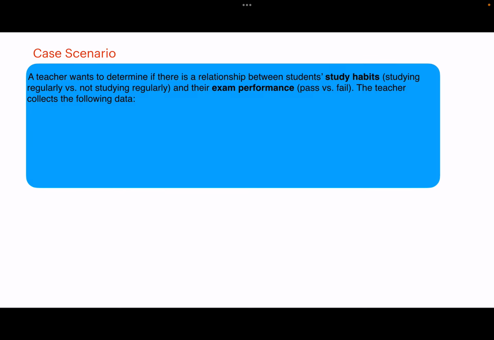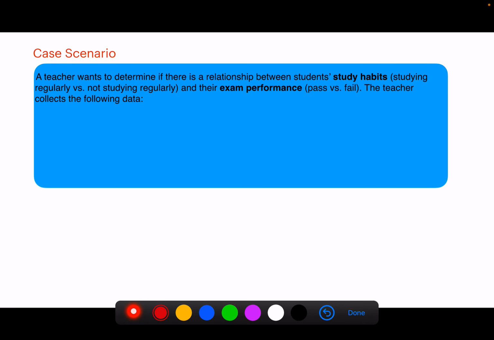Case scenario: a teacher wants to determine if there is a relationship between students' study habits, studying regularly and not studying regularly, and their exam performance, pass or fail. The teacher collects the following data. We must extract the data from this case scenario.